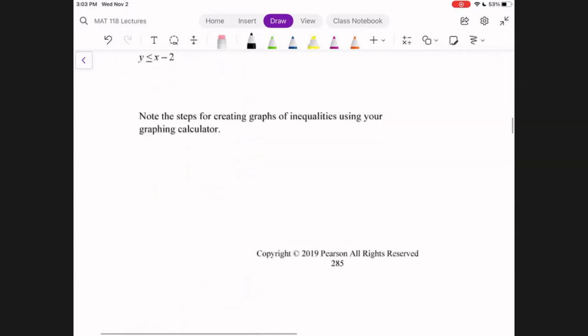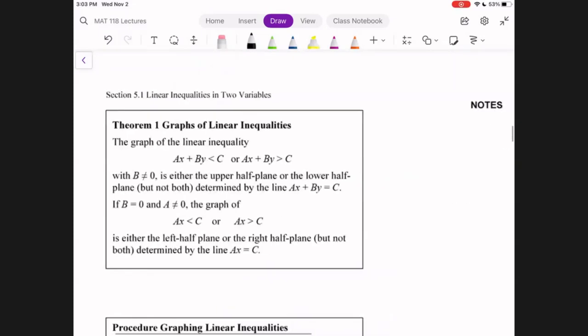Okay. So remember, if it's in this format here, which is standard form, right? So the graph of the inequality would be either the upper half or the lower half, okay, of the plane. And it's determined by this line here.